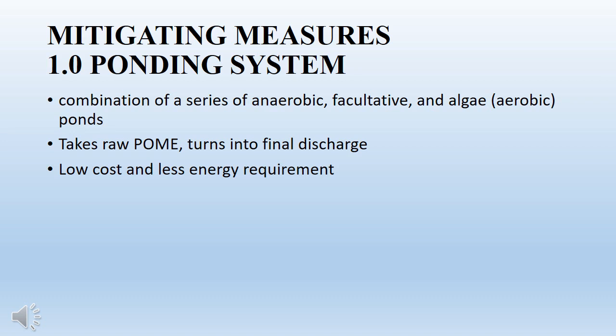This system takes raw POME and turns it into a final discharge that is less dangerous. It is low cost and has a low energy requirement. This makes it ideal for mitigating measures as it is easy to obtain and easy for the factory to use.